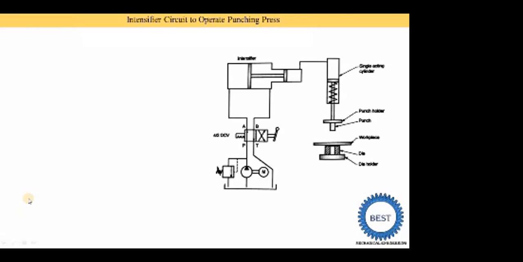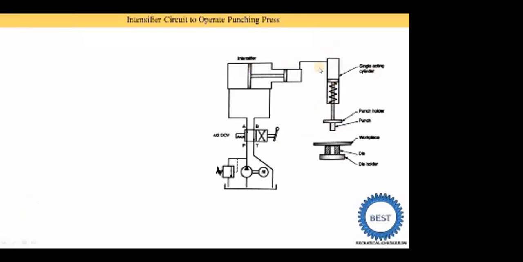In this punching press machine, here you see the various components: die holder, die, workpiece, punch holder. In that case we use a single acting cylinder, a spring return type, meaning retraction happens naturally due to spring force and extension is done by the oil supplied from the intensifier.